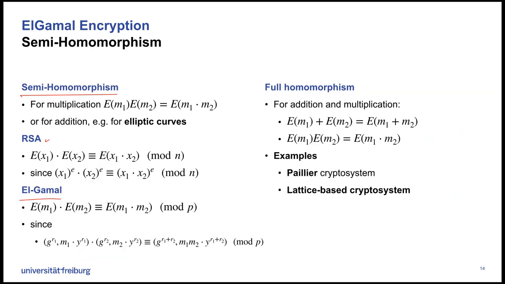Multiplying a pair of code words is just multiplying the first component with the first component and the second component with the second component.